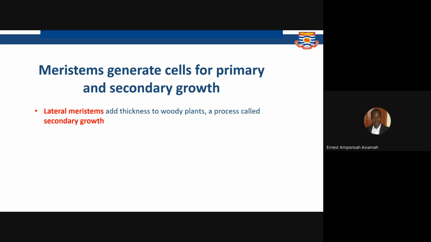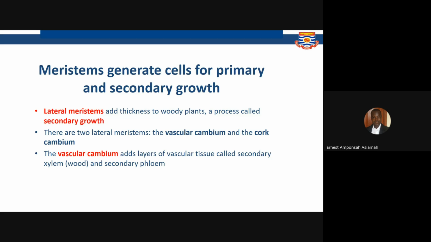So the lateral meristems are dividing so that they can generate cells and add to the thickness. So they contribute to the thickness of the plant. We have two types of lateral meristems: the vascular cambium and the cork cambium.